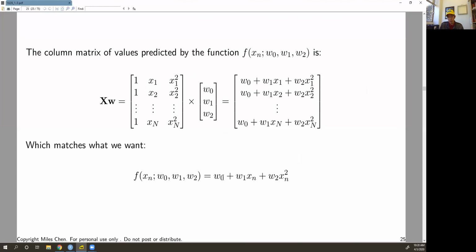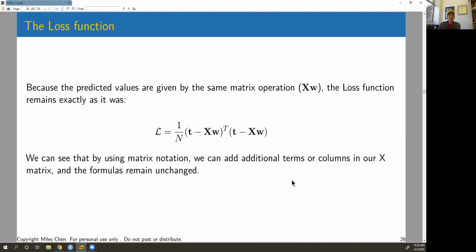If we wrote out the predicted values, the residual, and squared the residuals, we'd now have way more terms to expand. If we left it using all 3 terms, T minus W0 plus W1 xn plus W2 xn squared, and expanded that out, it would be quite a pain. But in matrix notation, we're saving ourselves a lot of work.